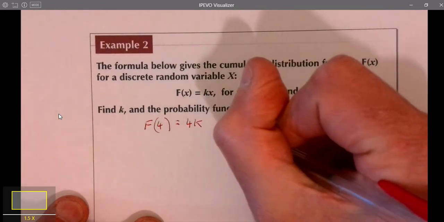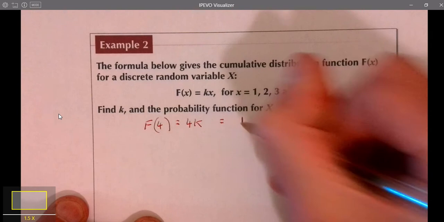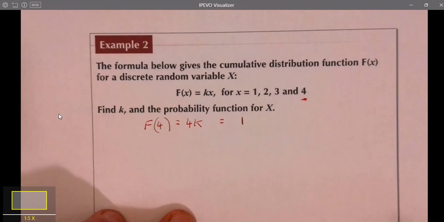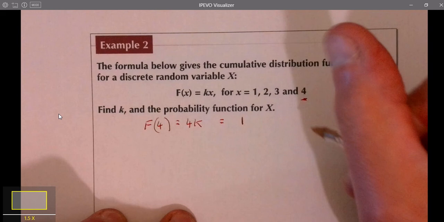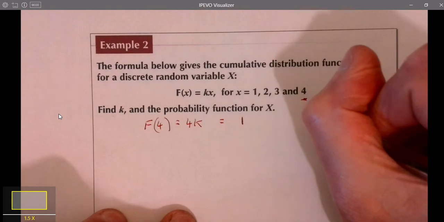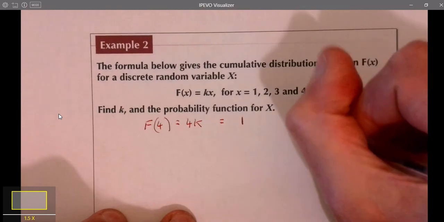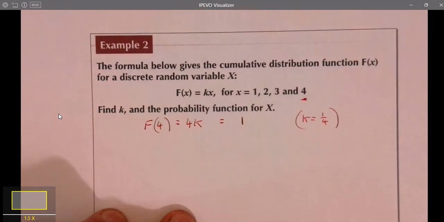I know the answer is 1, because it's the last one. So it has to equal 1. Remember, the sum of all of these has got to equal 1. So therefore, k must equal a quarter.